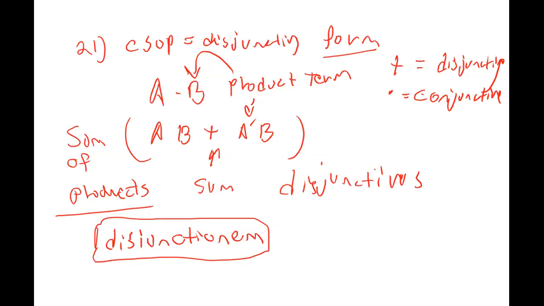And the canonical product of sums is a conjunctive form because it's using times. How about that? And if you take philosophy, they'll be using things like conjunctive like this and disjunctive like that. So it's the same meaning, just different symbols.